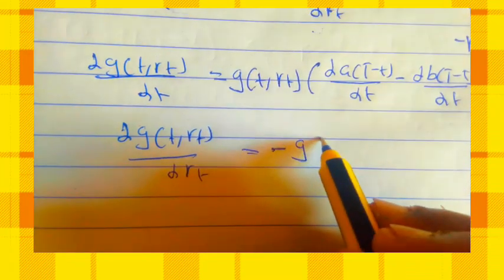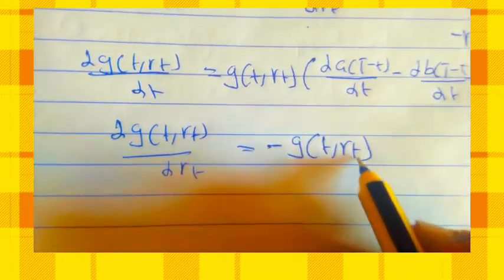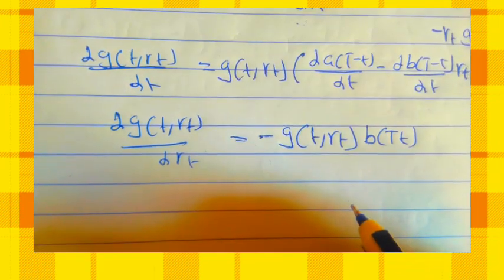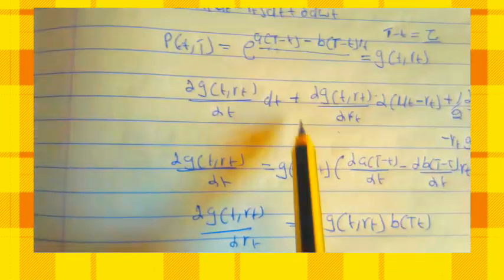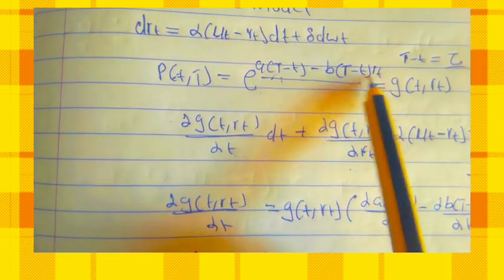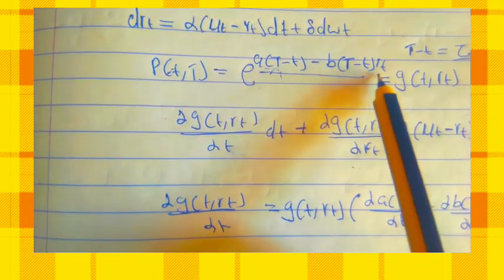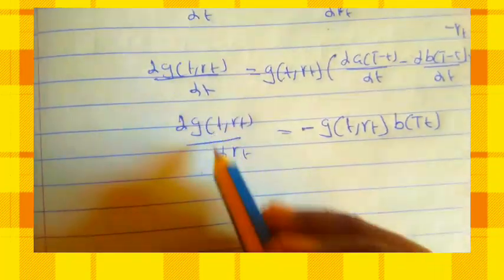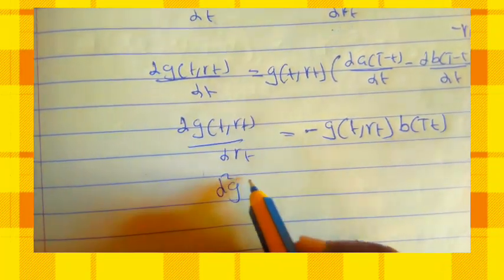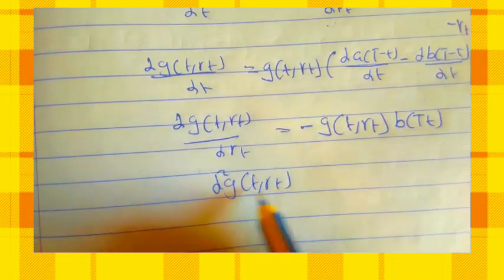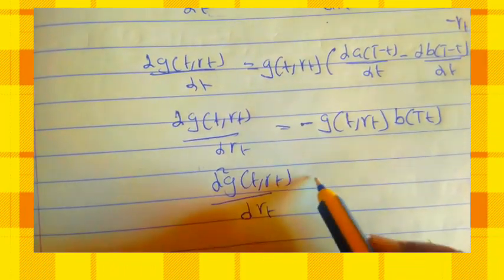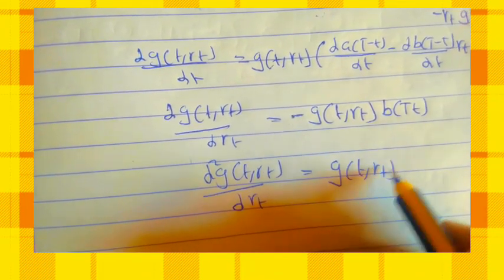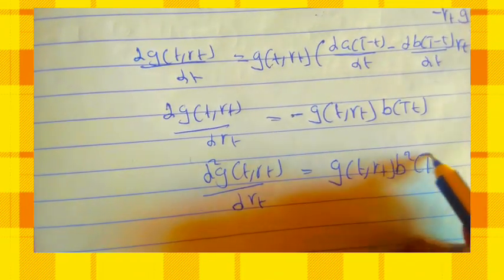We are going to get negative g(t, r_t) B(T, t), because this one doesn't have r_t, but this one has r_t. So the second derivative of this one, we are going to get g(t, r_t) B squared(T, t).